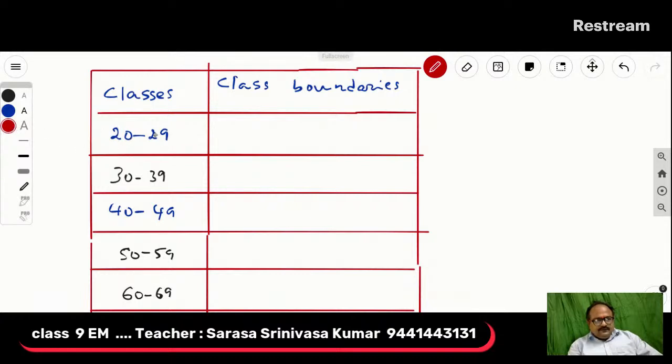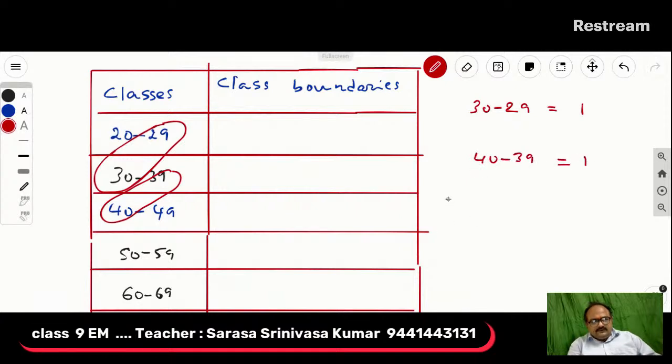If you observe this problem, here the difference of these two is 1, and the difference of these two also, that is, let us note down the differences. 30 minus 29 equal to 1. Like that, 40 minus 39 equal to 1.